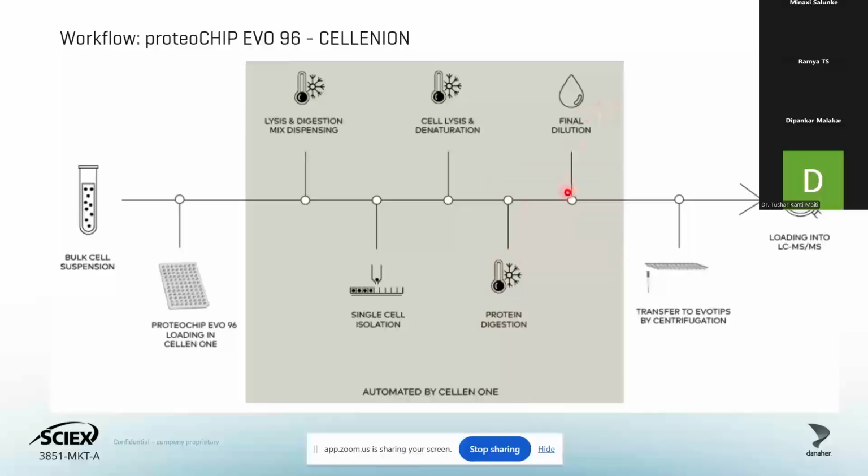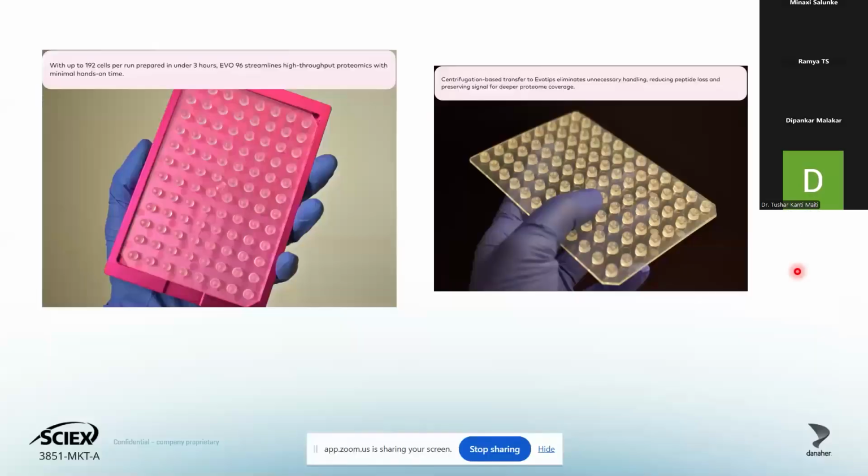And then after that, dilution, and then this needs to be transferred to the Evotip. The Evotip is a special desalting and sample concentrating tip that is used for sample purification. So once the dilution happens after digestion, it is transferred to the Evotip, which desalts, and then the sample is transferred into the LCMS column, and MS/MS acquisition will start from there. So these are the different steps involved in single cell analysis.